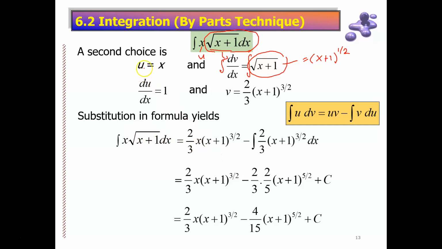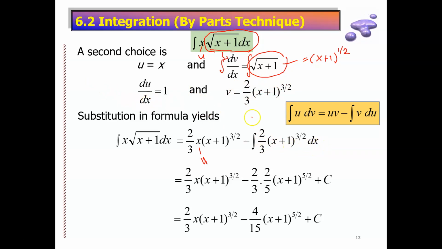Your u is x, and your dv is this whole thing, so you bring dx to this side. So minus integration of your v, which is 2 over 3 of this, times du.